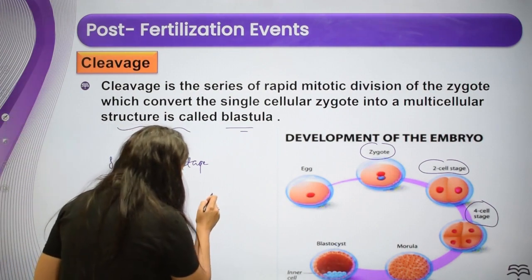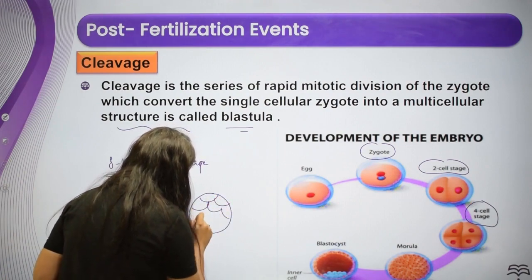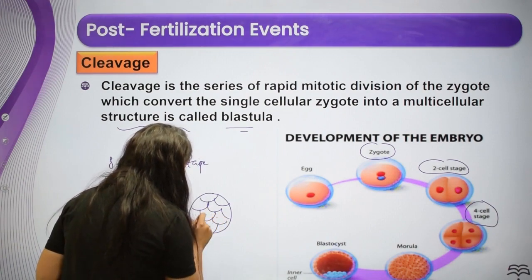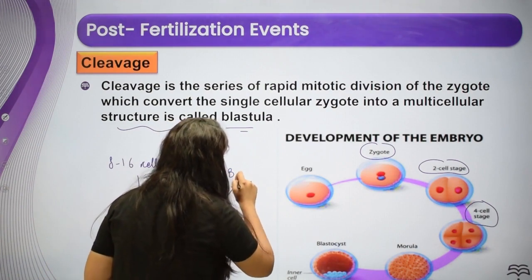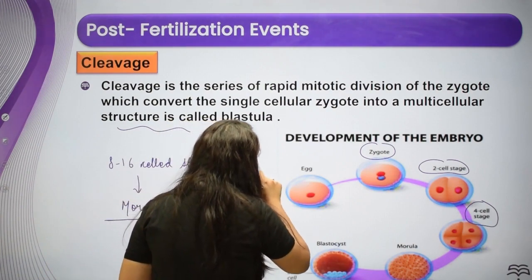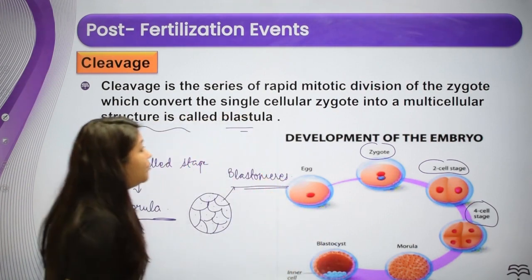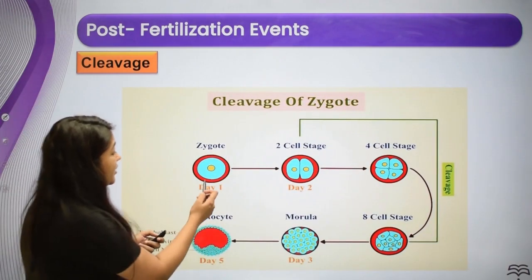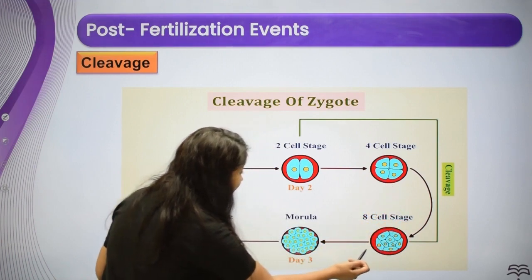Alright, so suppose this is the morula and these are the various cells which are formed as a result of the cleavage division. What are we going to call these cells? We are going to call them blastomeres.